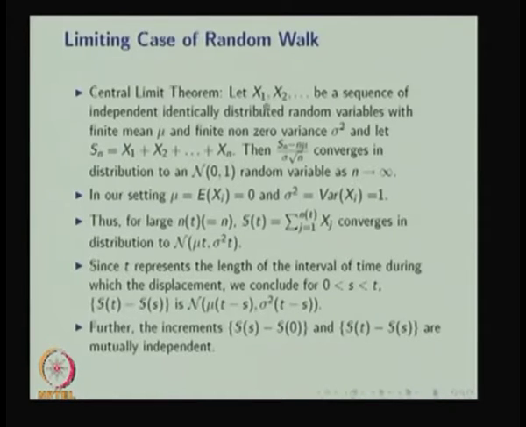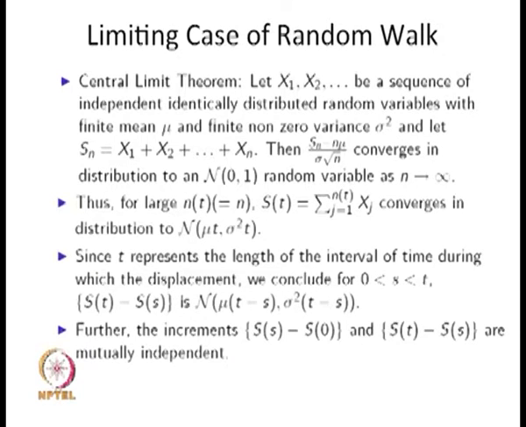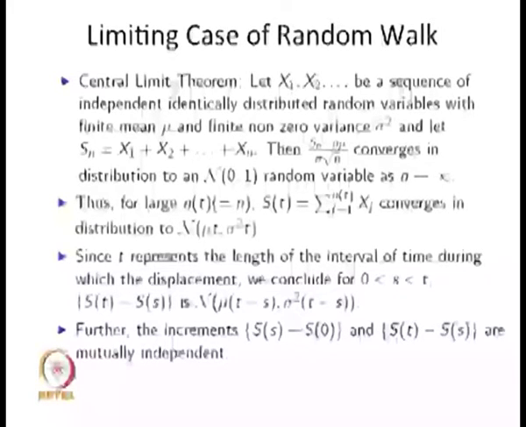So we are going to use this central limit theorem for our random walk scenario. And for large n, where n of t is equal to n and n is very large, you can conclude that S of t converges in distribution to a random variable with mean mu times t and variance sigma square t.